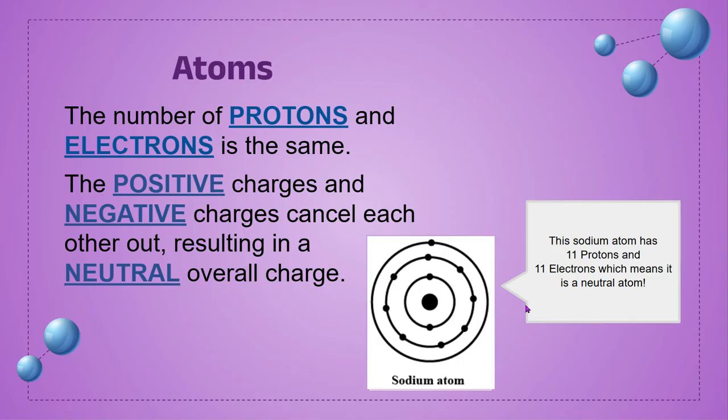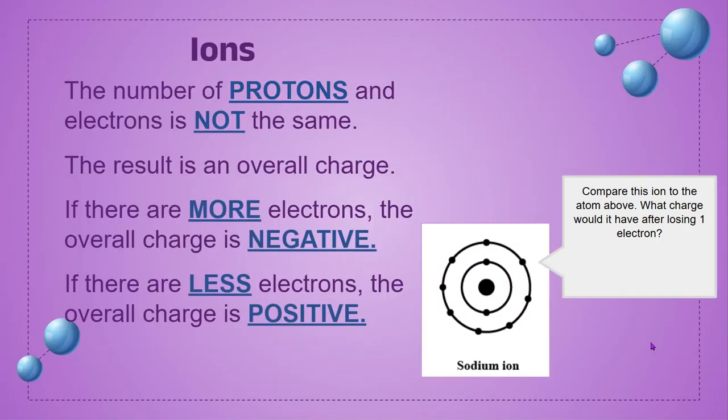And we also know that when we have a different number of protons and electrons, we form something called an ion. If there are more electrons, the charge is going to be negative. If there are fewer electrons than protons, the charge is going to be positive.